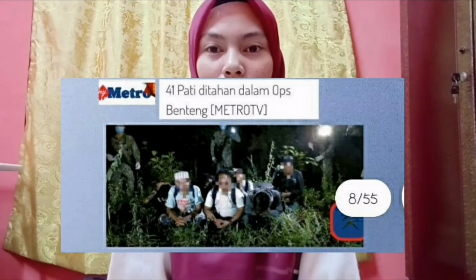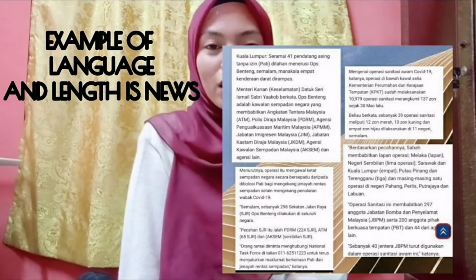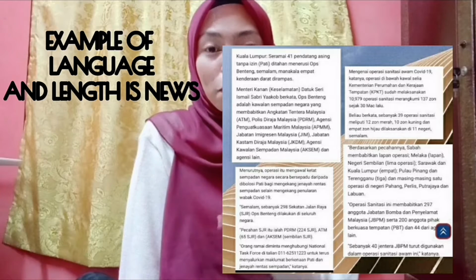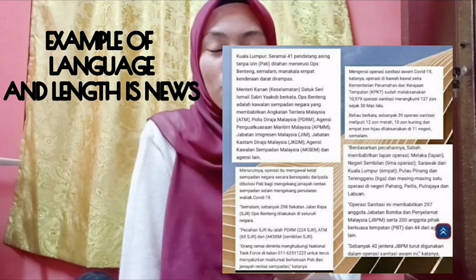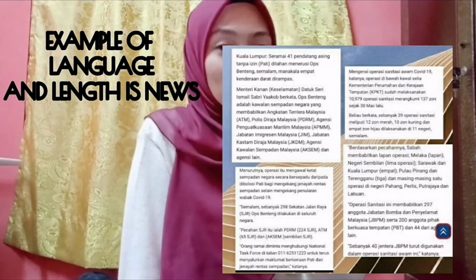The example for length and language used in a news story is in Metro Harian News. You can see that in Metro Harian News, they use around 400 words and use simple language and more factual language to make sure that the reader gets the information.